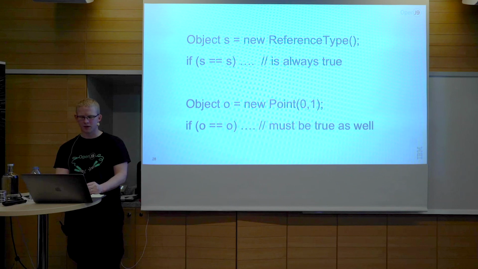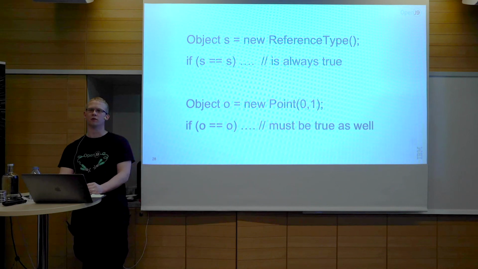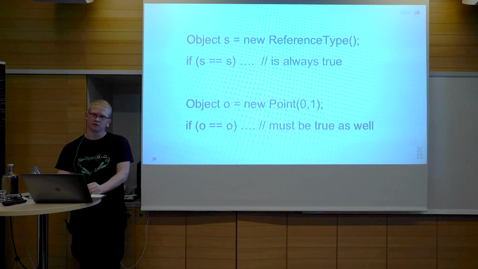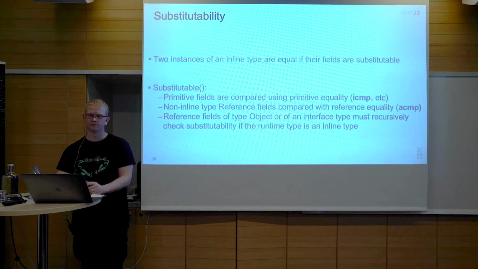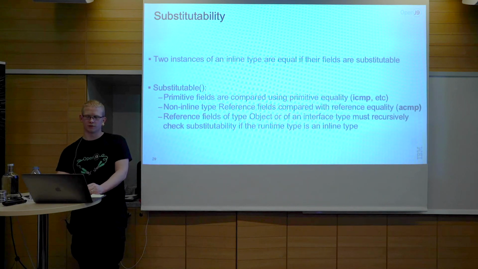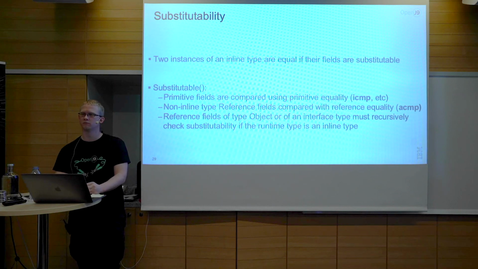And so you sort of get forced into testing equality in a different way. And the way that we do that is called substitutability. So we say two instances of an inline type are equal, and that's equals equals, if their fields are substitutable. So what defines when something is substitutable? Well, primitive fields are easy, right? If the two primitive values are the same, then they are obviously substitutable.